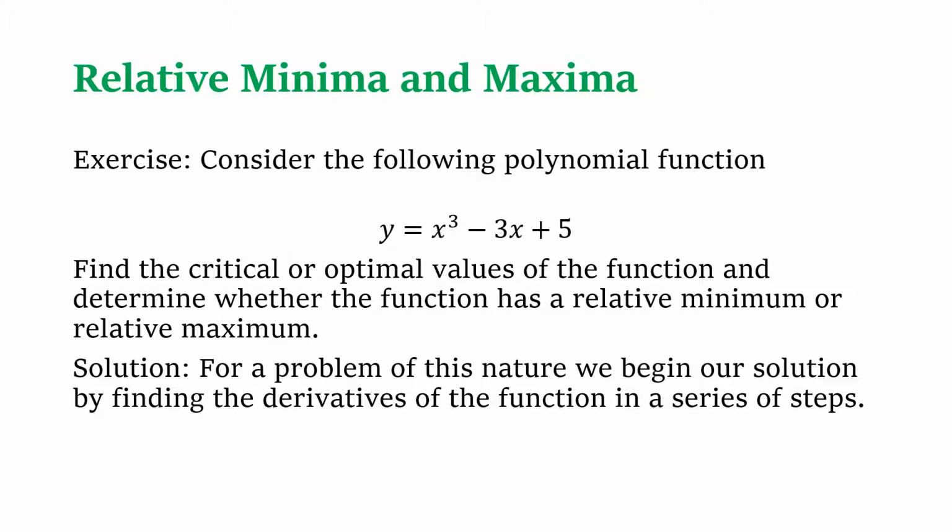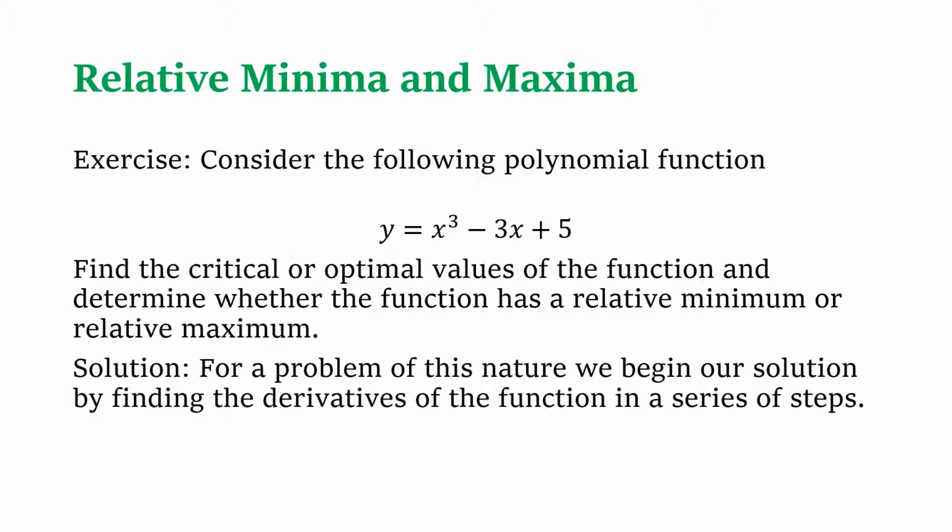Obviously, it's a minimum. That's how you know. This is not rocket science. If that one had a negative sign, then we would think about it as having a maximum.